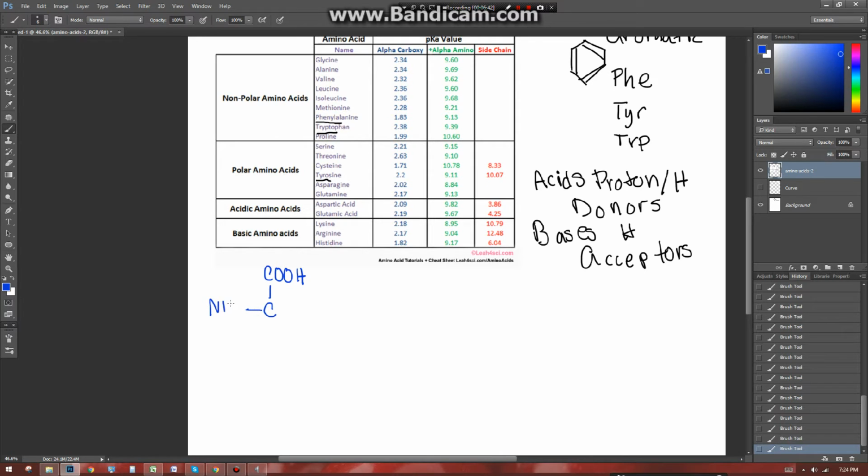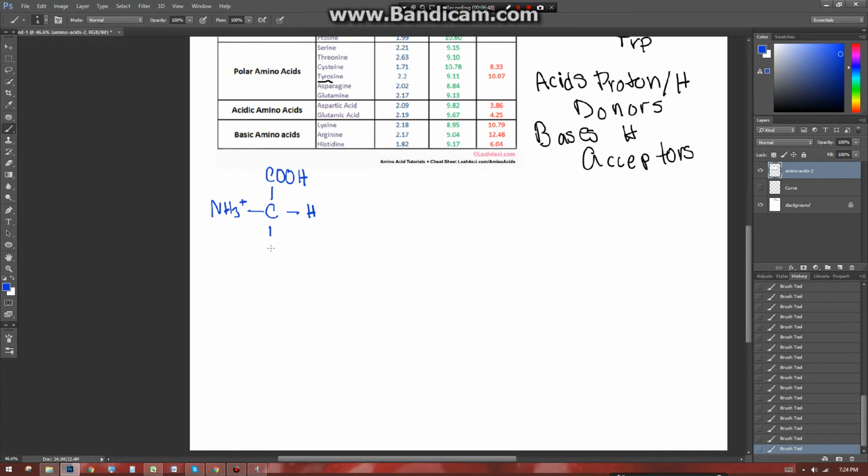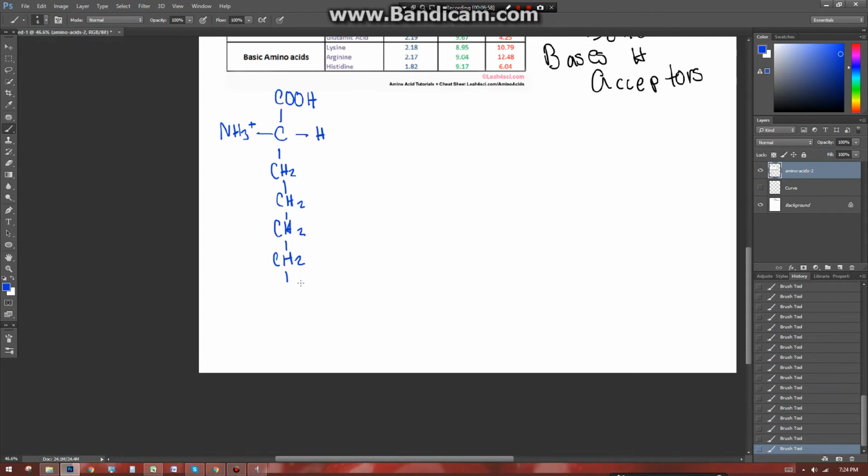There's also NH3 plus, hydrogen, and then lysine has CH2, CH2, CH2, CH2, and NH3 plus. This is the R group.